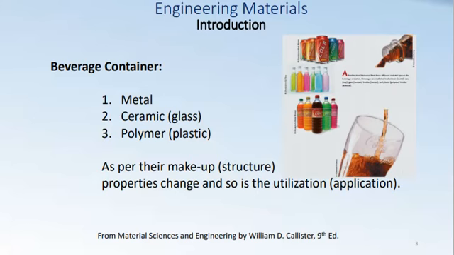For example, here we see a metallic can, a ceramic glass can, and a polymeric or plastic bottle. Depending upon the situation, we select a material for its use. All these three containers contain the same liquid, so to speak, but why do we need three different containers? What are the advantages of one over the other?